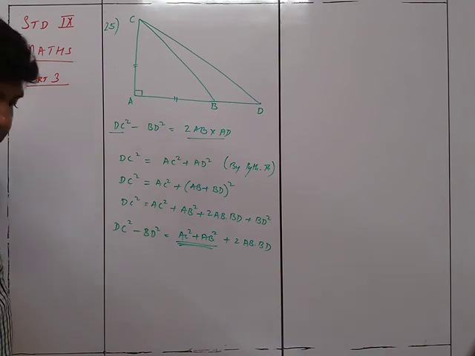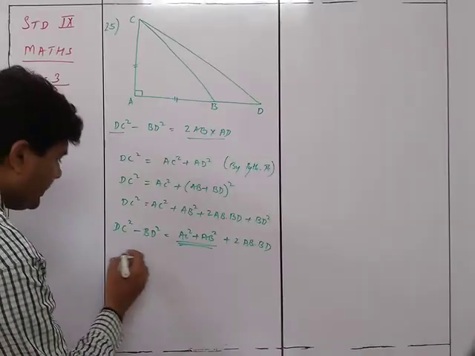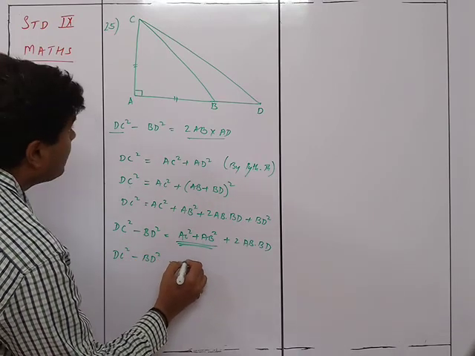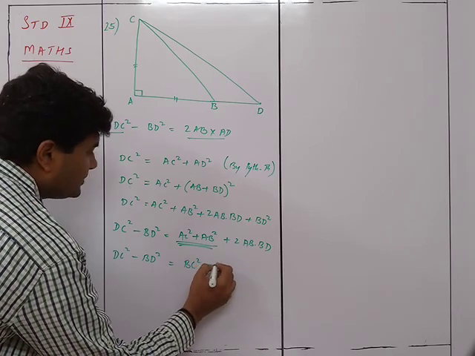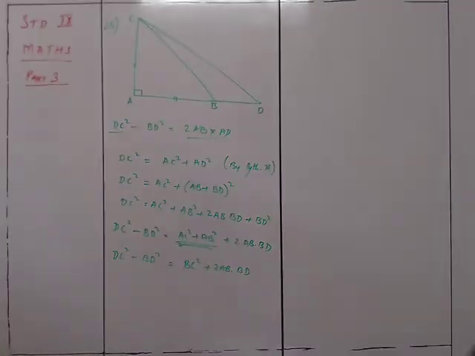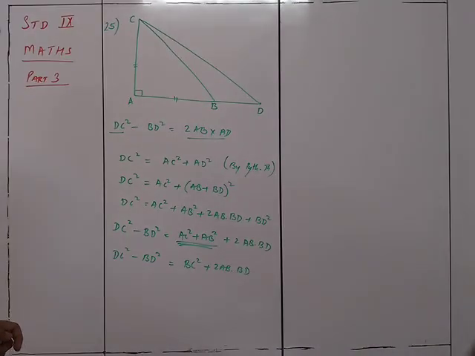So this will give me DC square minus BD square is equal to BC square plus 2AB BD. Got it? Let me check it out. Everything clear?